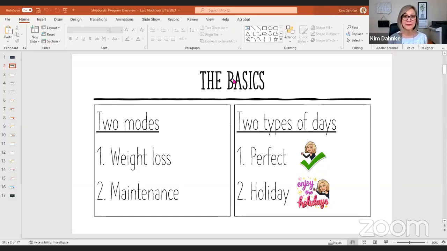There are two types of days on Shibboleth. We have a perfect day or a holiday. A perfect day is where you are hitting every part of the Shibboleth shield. A holiday is a day where you haven't hit some component of the Shibboleth shield. Now, in Shibboleth, we do not call these cheat days.